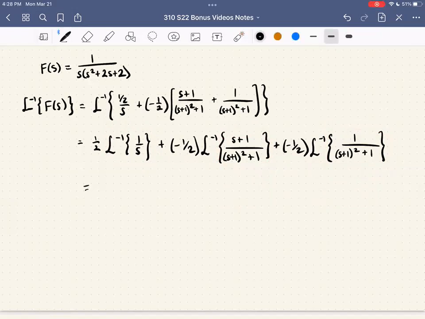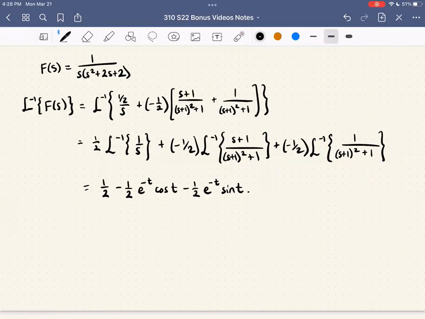So we have 1/2 times the function 1, plus negative a half e to the negative t cosine t, minus a half times e to the negative t sine t. Okay.